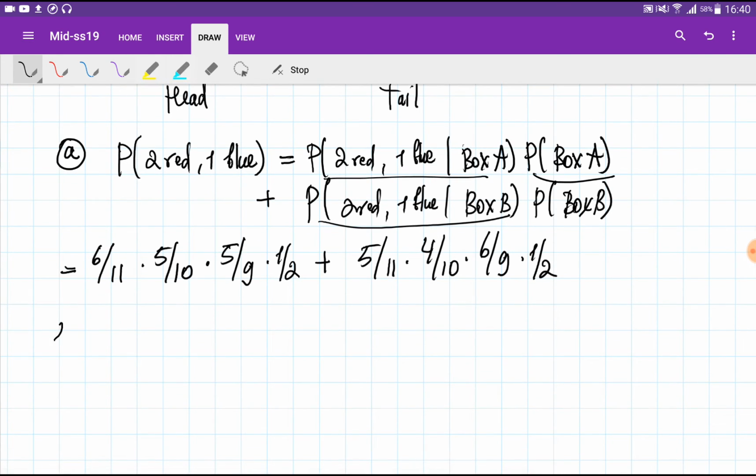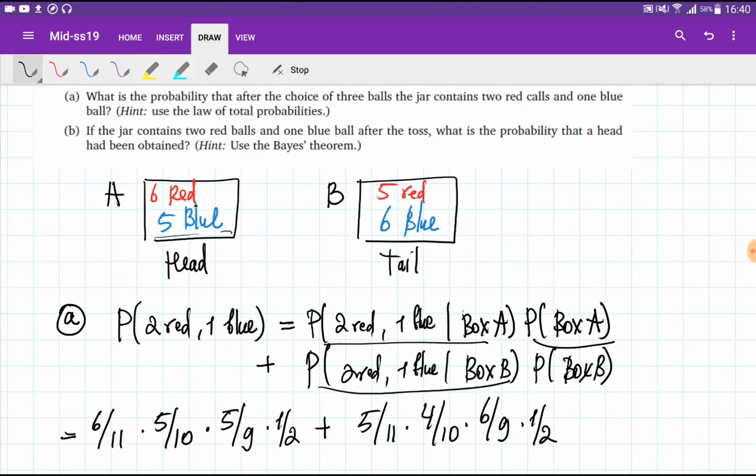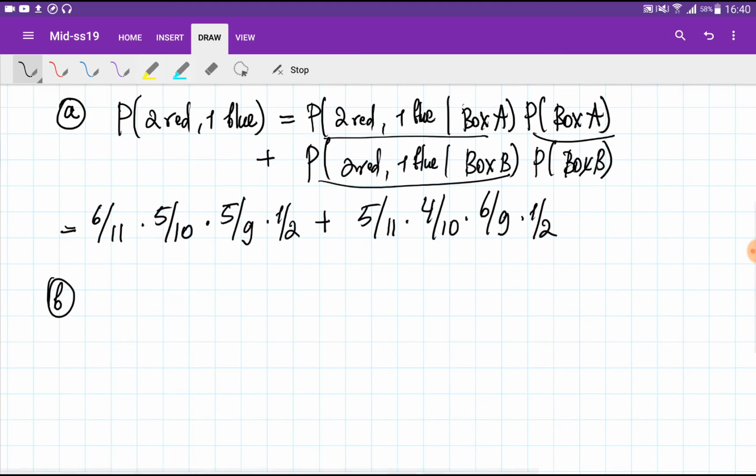So in part B, if the jar already contains 2 red balls and 1 blue ball, what is the probability that we chose those balls from box A, right? Or that we obtained heads when we tossed the coin. So this is the probability of choosing box A given that the jar already contains 2 red and 1 blue balls.